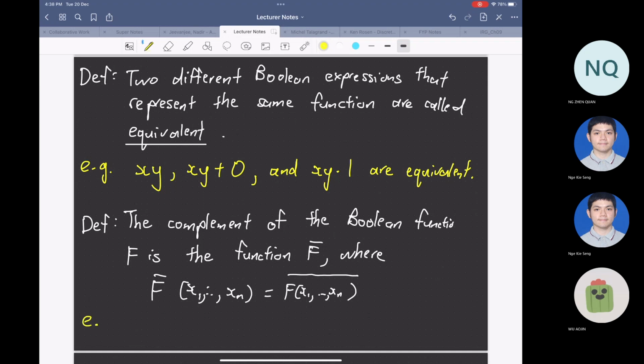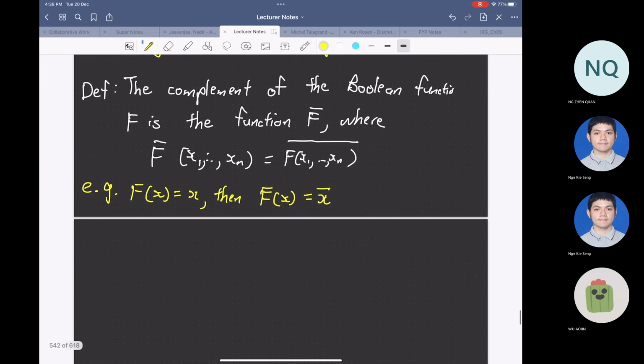If you don't get what I said, for example, f of x equals x, then what is f bar of x? F bar of x is just equal to the bar on the Boolean expression. Good.